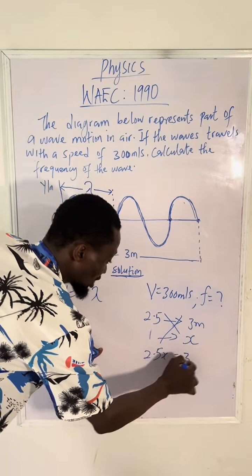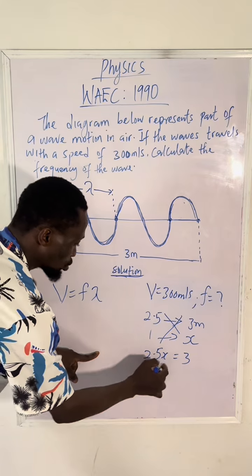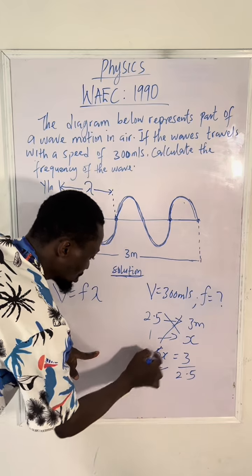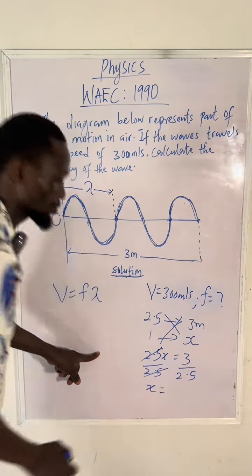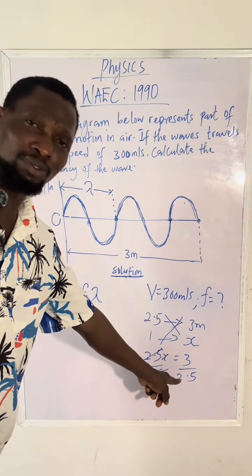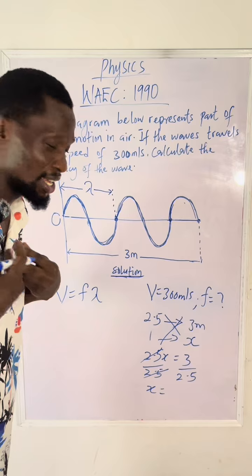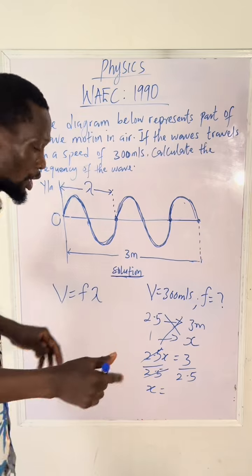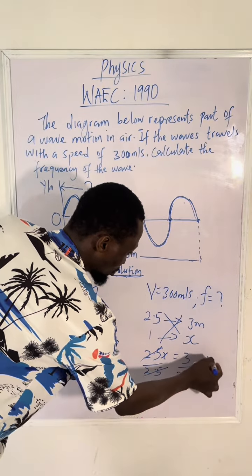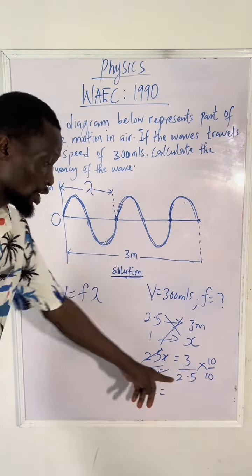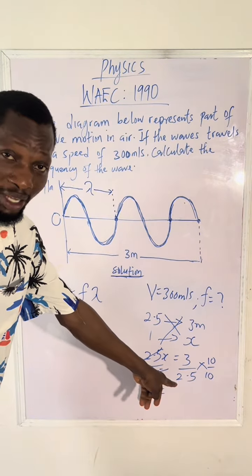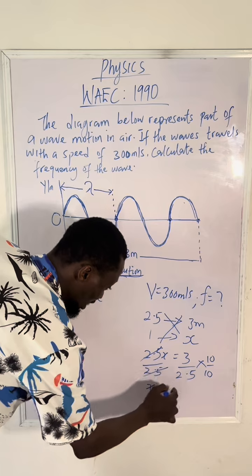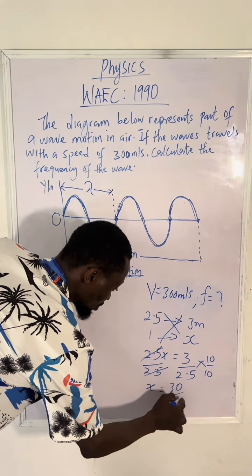That's going to give us 3, right? So I can divide this by 2.5, and this cancels this. What is going to be my X here? You can use your calculator to divide this, but I'm not using a calculator here. If I multiply this by 10 over 10, the decimal goes away from the denominator. So this is going to be equal to 30 over 25.